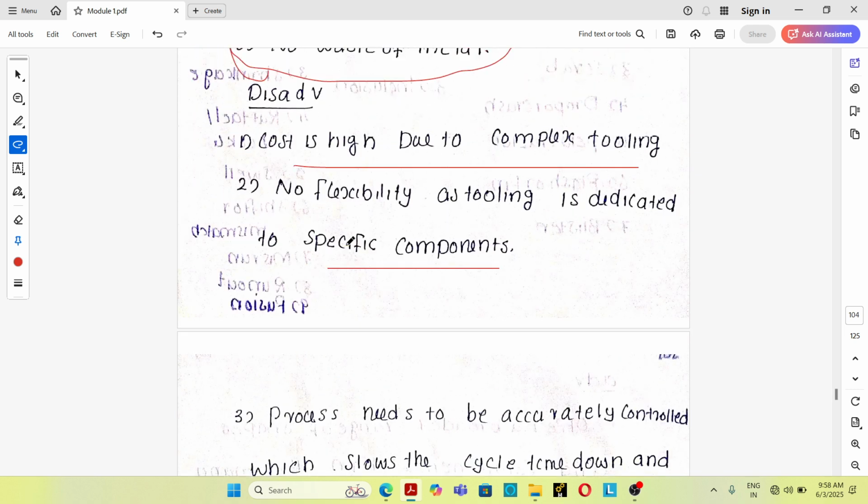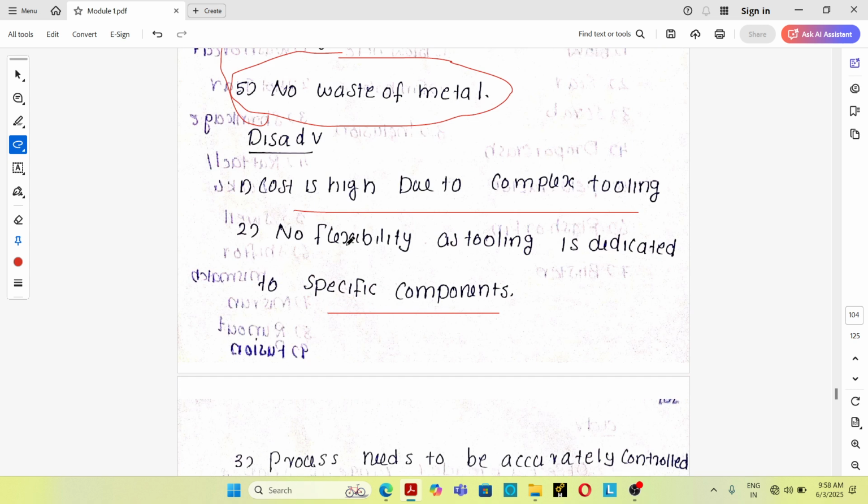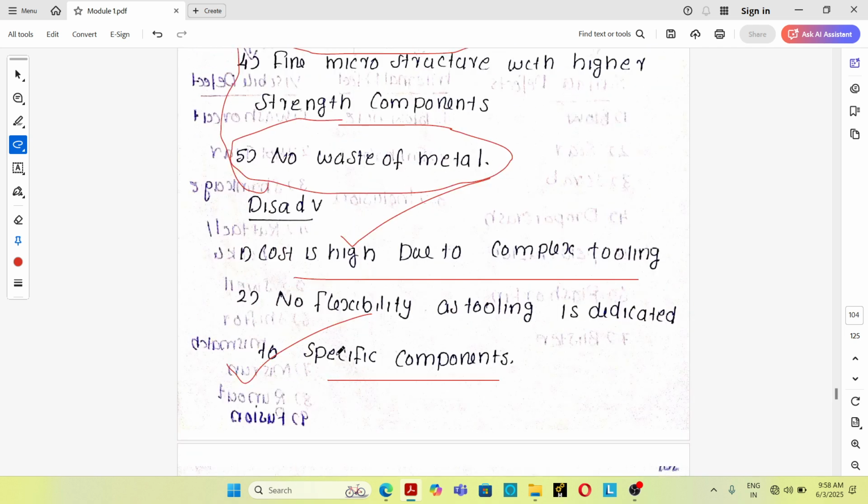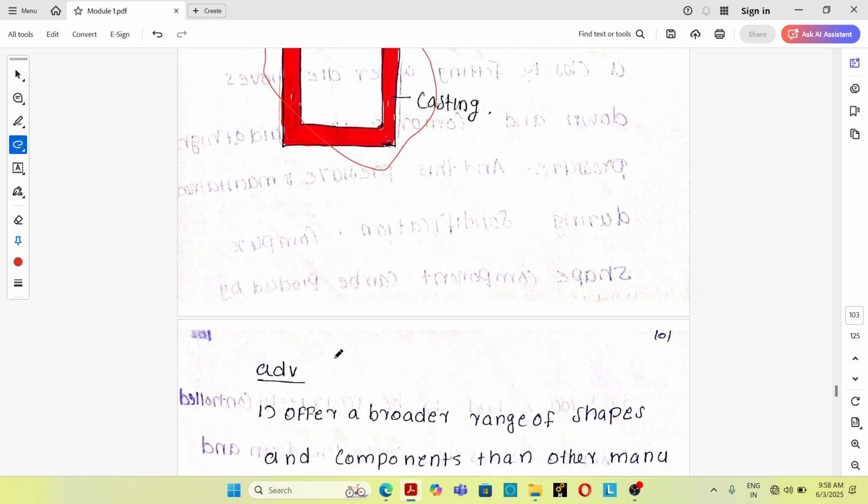So these are the disadvantages of squeeze casting process. Okay, so this is about the squeeze casting process.